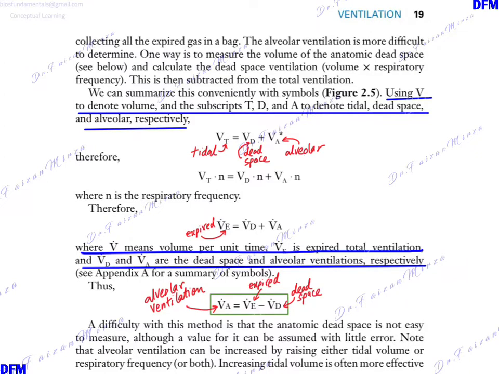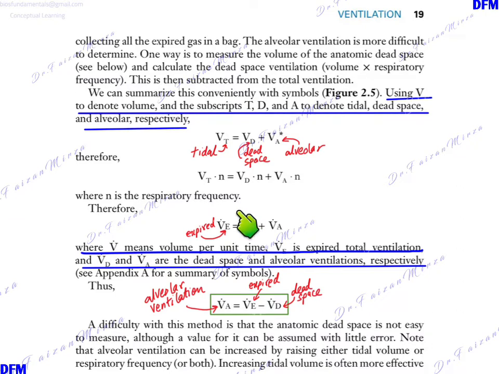When we are comparing the ventilation, we use V to denote the volume, and the subscripts T, D and A are used to denote tidal, dead space and alveolar. So this is ventilation of tidal volume, the ventilation which is responsible for being in the dead space, and ventilation that goes to the alveolar region. This formula Vt equals Vd plus Va tells you how the ventilation is dependent on dead space and alveolar both. When we use V dot, this means volume per unit time.